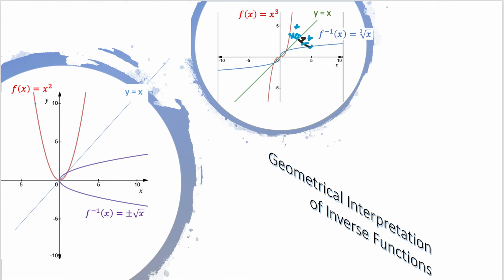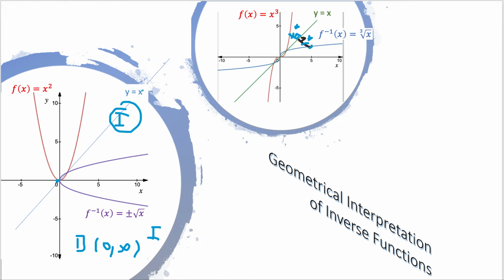But as I said before, if we take a quadratic function, it doesn't have an inverse function. But if we restrict the domain, for example from 0 to infinity, just in the first quadrant, it has an inverse function, because this part of the function is one-to-one.